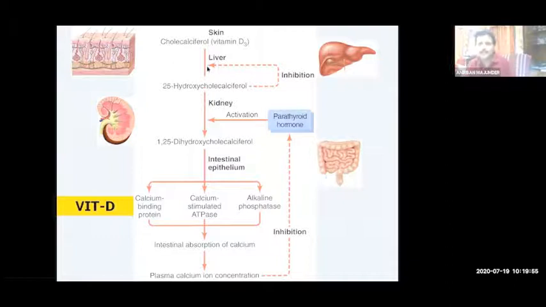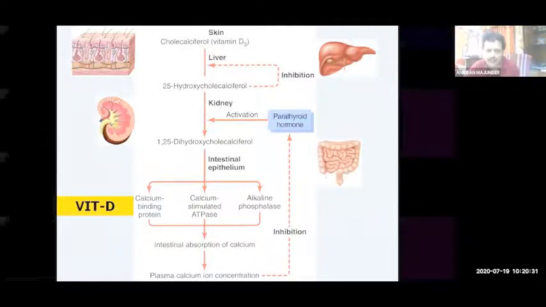So if a patient has a liver disorder, we cannot treat the patient with cholecalciferol because the patient will not be able to convert it to 25 hydroxycholecalciferol, and therefore you have to treat the patient with 25 hydroxycholecalciferol or 1,25 dihydroxycholecalciferol. If the patient has a renal disease, we cannot treat the patient with cholecalciferol because it will be converted to 25, but it will not be able to be converted to 1,25 dihydroxycholecalciferol.